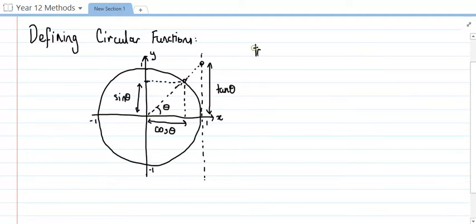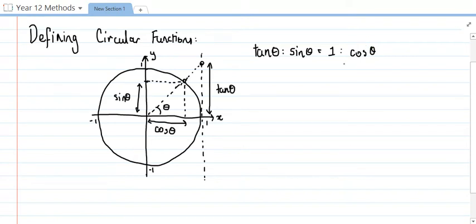So I can say tan theta in ratio to, now the tan theta would compare to this side here, which is sine theta. So tan theta to sine theta equals, and I'm going back to the larger triangle now, so the base of that is 1 in ratio with the smaller triangle which had a side length of cos theta.